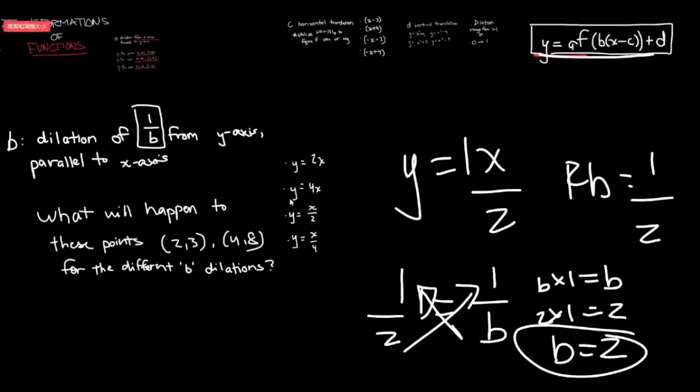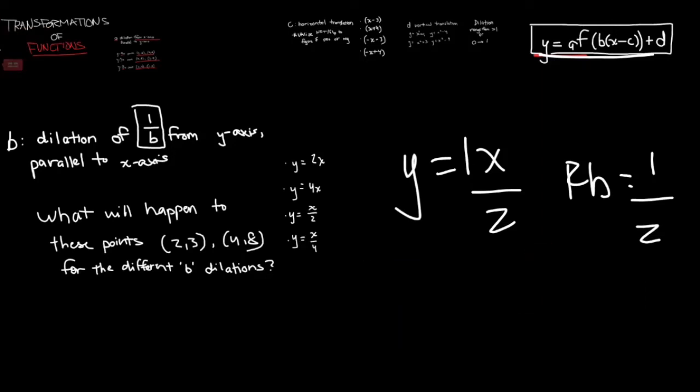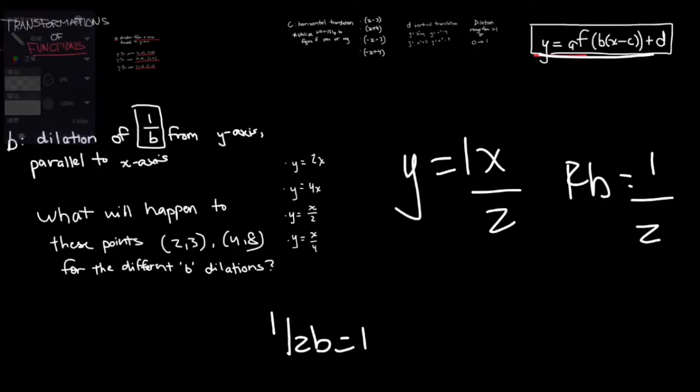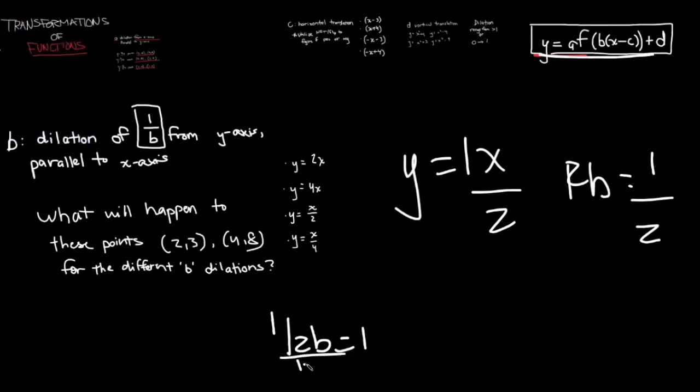So yeah, or if this confuses you too much about cross multiplication, we can just do it the normal way. 1 over 2 is equal to 1 over b, and 1 over 2b is equal to 1. You divide by 1 over 2 to get rid of this, so b is equal to 1 divided by 1 over 2. And you can't divide a fraction, so you have to multiply it.